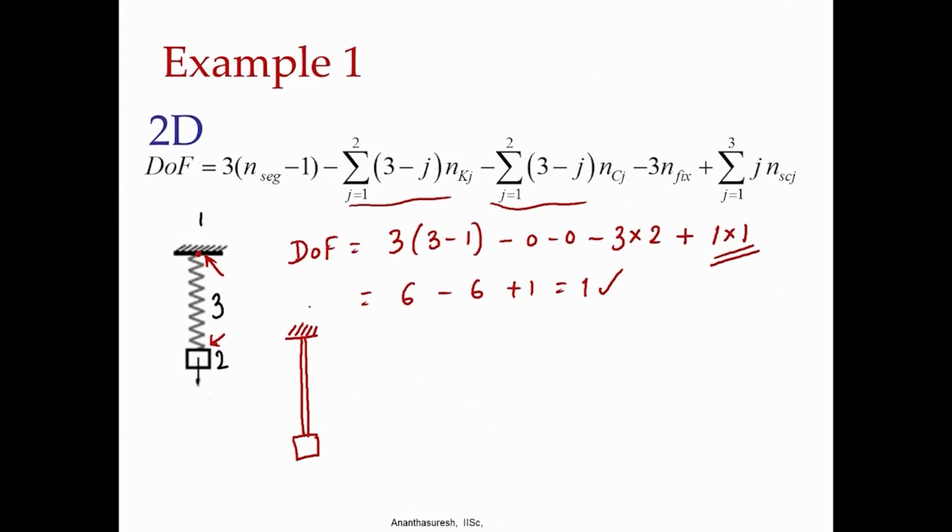If I have a bar, if I count, I will have again 3 segments. So, that does not change this number, and the fixed connection over there and over here, that does not change this number, it will be minus 3 times 2, whereas this number will change. Instead of 1, if I now say it has segment compliance 3, it will suddenly have 3 degrees of freedom for this one.